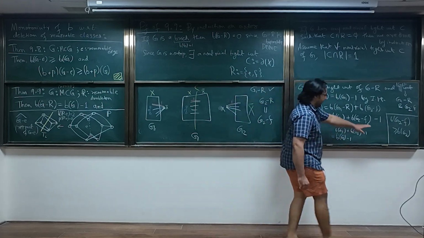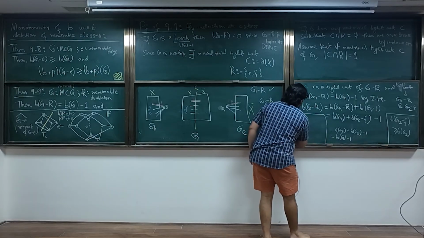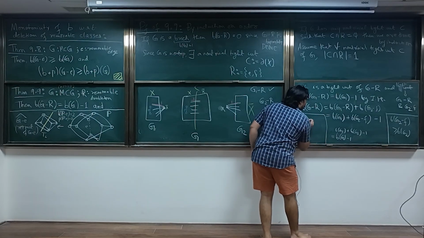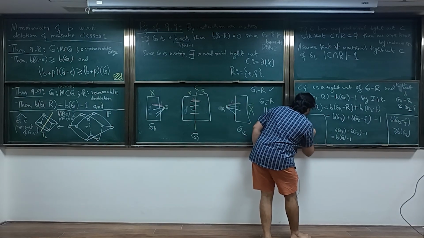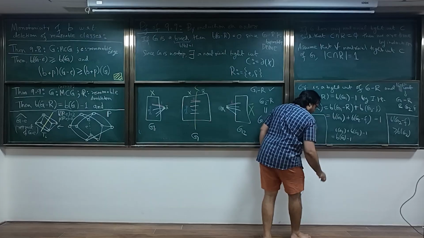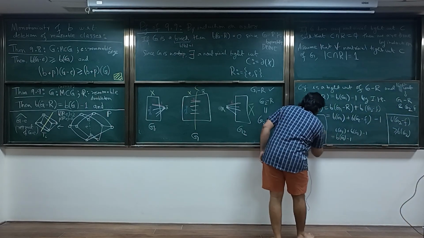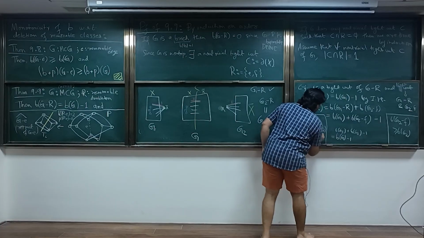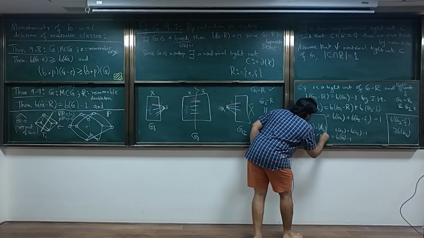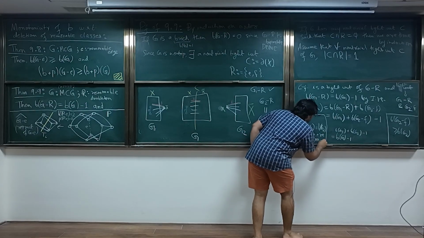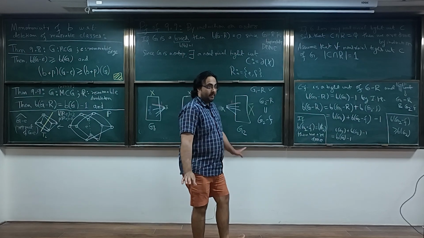If this were an equality, we would be done. So the hypothesis in which case we are done is actually this case. If for some magical reason, B of G2 minus F is equal to B of G2, then we are done. This would be great.